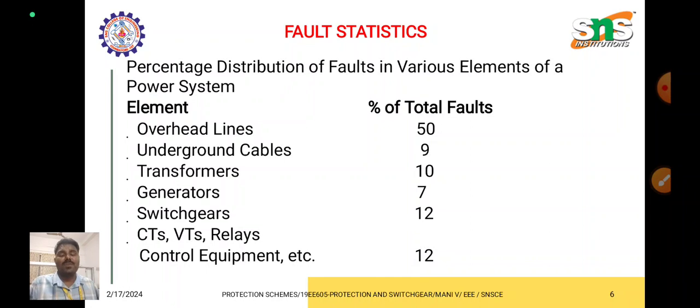The next majority is on the transformer, then the switchgear, where opening the circuit breaker gives the information through the relay, and then CT, PT, relay and control equipment. So the major fault is on the transmission lines only.